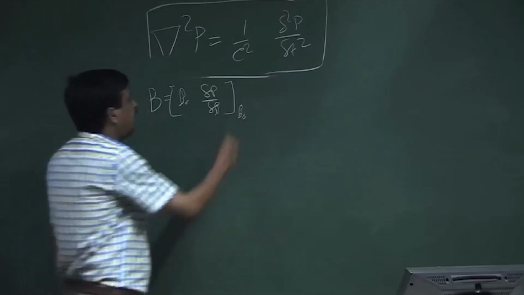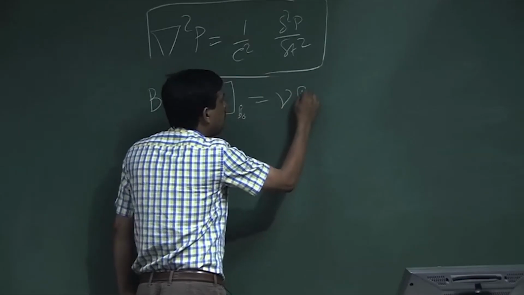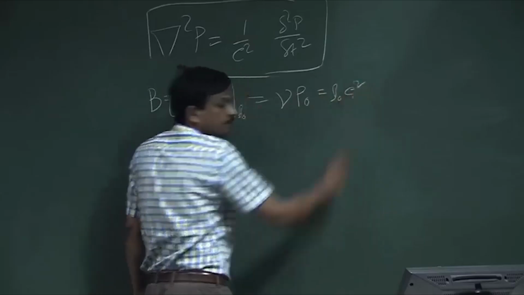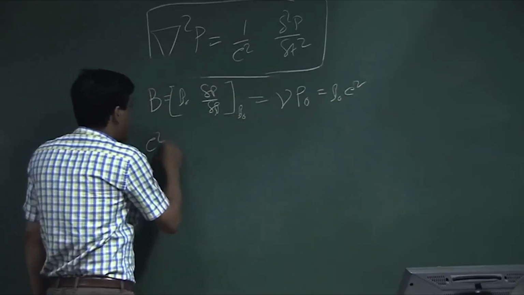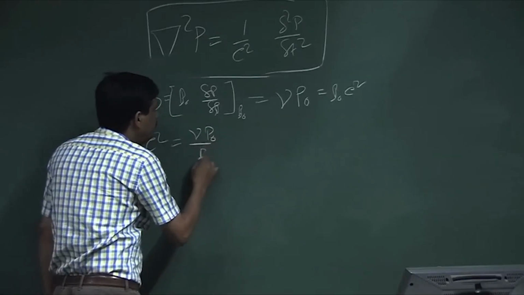It is nothing but gamma P 0, where the total pressure is P 0, which is rho 0 c square. So, what is c square? c square is nothing but gamma P 0 divided by rho 0.